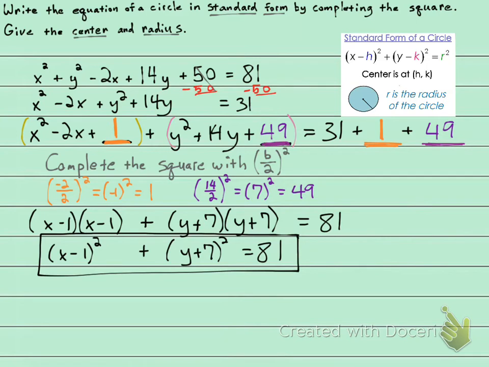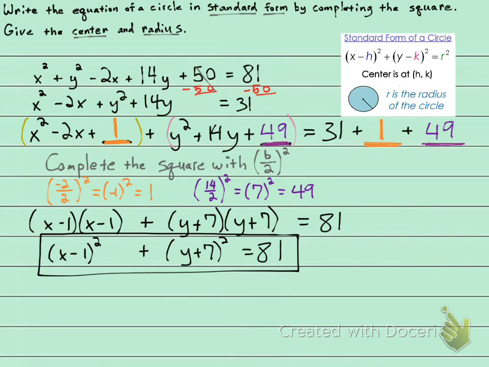This is now a circle in standard form. And if I want to find the center, it's going to be right here. It's going to be this number, x minus h, and then it's going to be the opposite of this number. So be careful. This would be y minus what? Well, it's not y minus 7, is it? It would be y minus a negative 7. So your h and your k are going to be the opposite of what this symbol is.